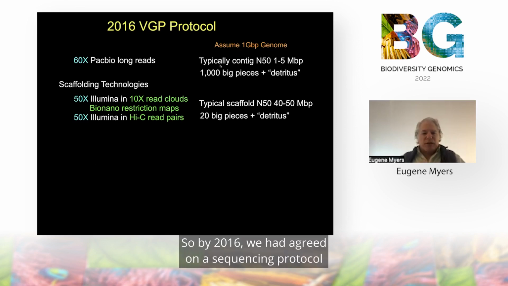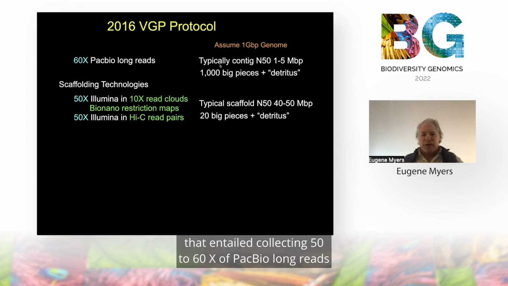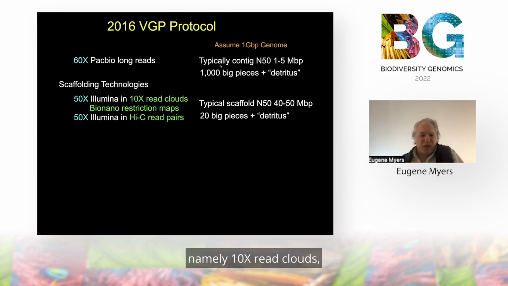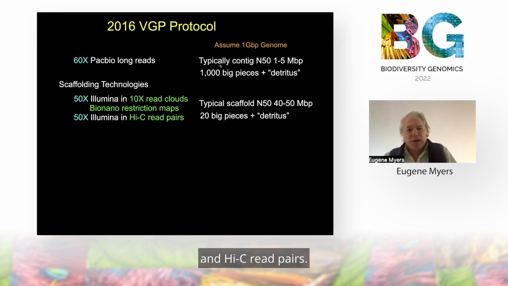So by 2016, we had agreed on a sequencing protocol that entailed collecting 50 to 60x of PacBio long reads and 3 types of scaffolding information, namely 10x read clouds, Bionano restriction maps, and Hi-C read pairs.